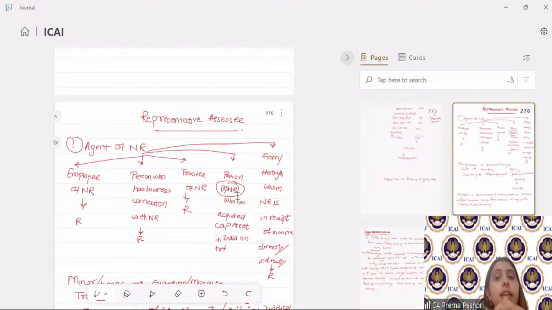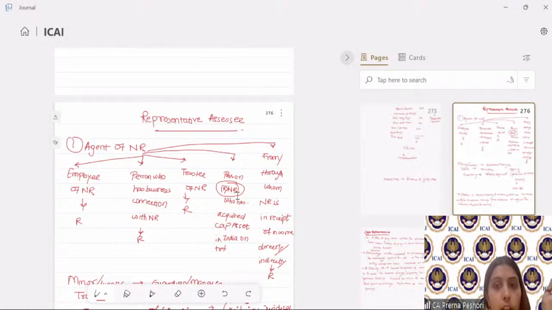Where the transactions are carried out in the ordinary course of business through a general broker or an independent agent who does not directly deal with the non-resident but deals with a non-resident broker. So there is a non-resident, then another non-resident broker, then a resident broker, and this resident broker is dealing in the ordinary course of business. Then he cannot be treated as an agent in respect of the income arising to the non-resident.